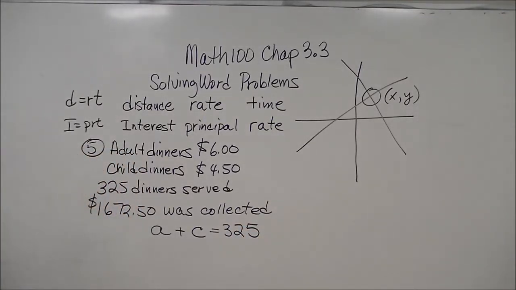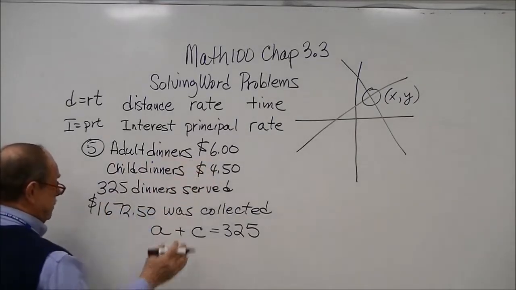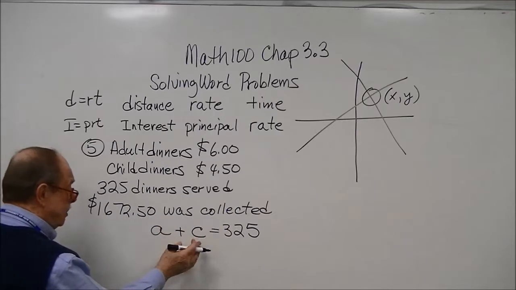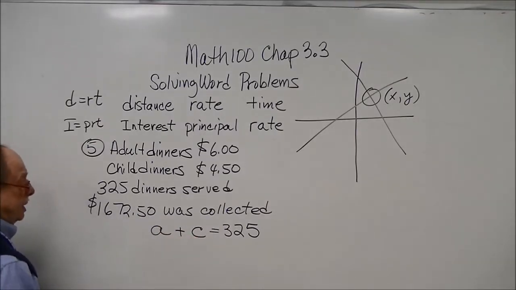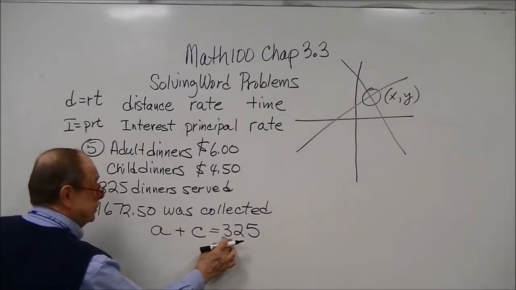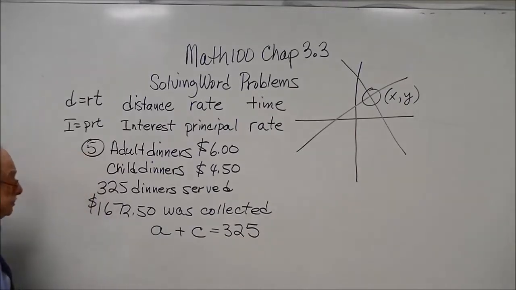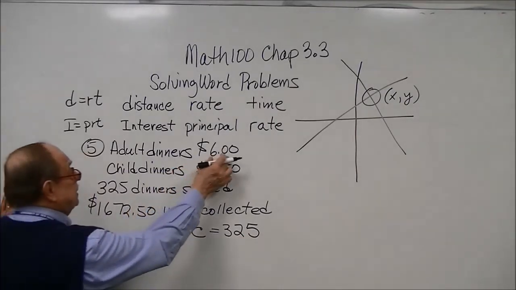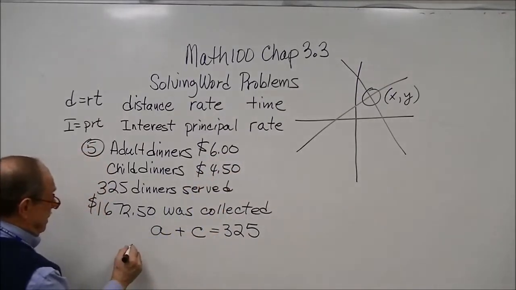And think about that for a moment. We don't know how many adult dinners there were. We don't know how many children dinners there were. But the total number was 325. Now we do know that the adult dinners cost $6.